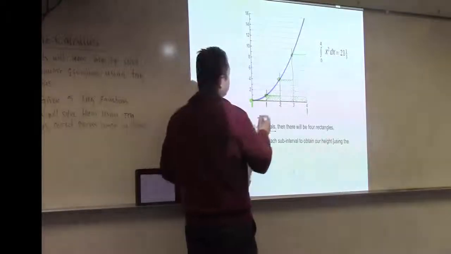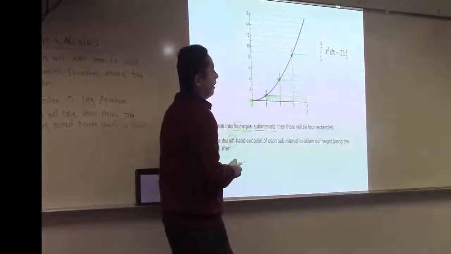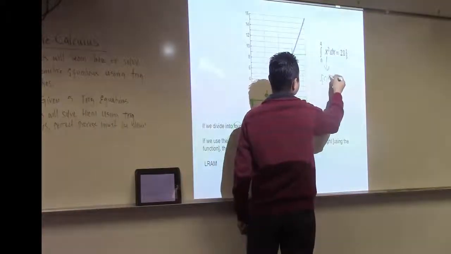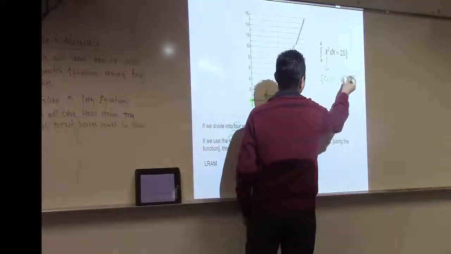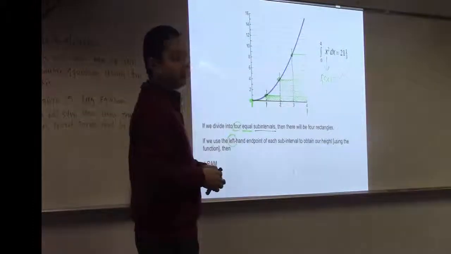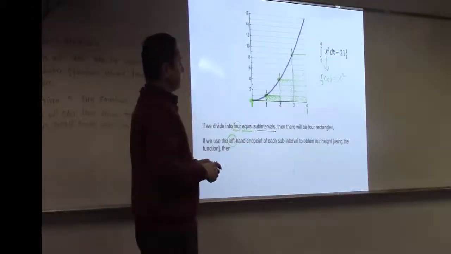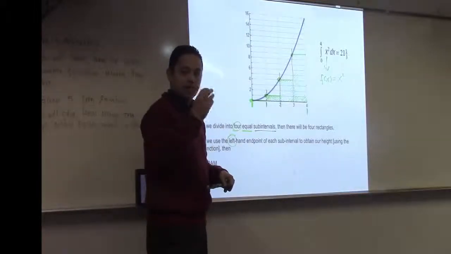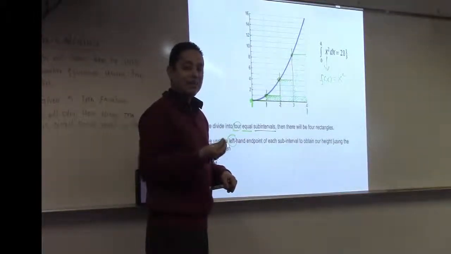So now remember, this function is x squared. So if this helps, put f of x equals x squared. Now I'm going to take one particular rectangle from here, and I'm going to see what sort of notation I need to compute the area.